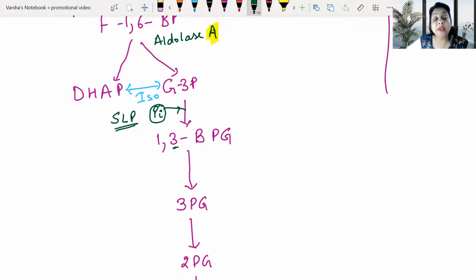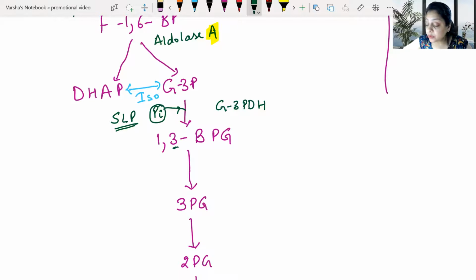This step is known as substrate level phosphorylation. And the beauty of this is that a dehydrogenase enzyme is involved here. And that too, what is the substrate? The substrate is glyceraldehyde 3-phosphate, so the enzyme name is glyceraldehyde 3-phosphate dehydrogenase. Very important from an examination point of view.